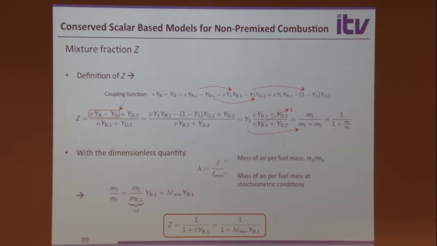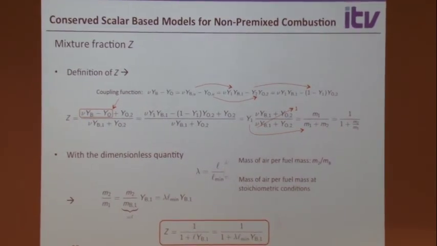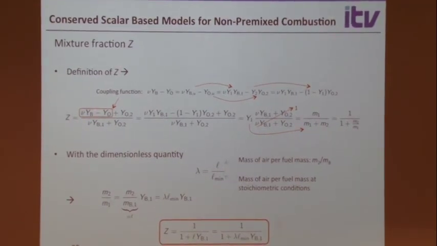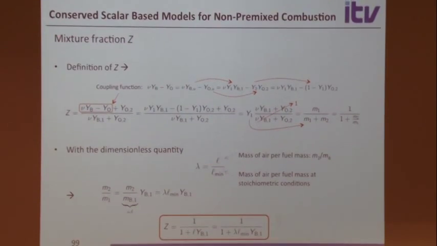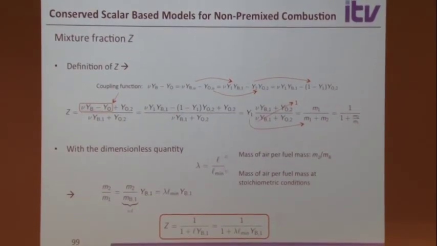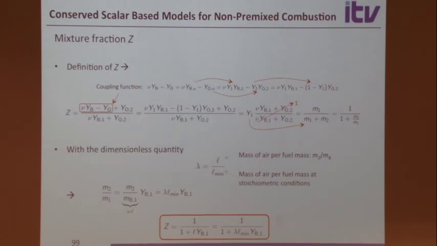The mixture fraction tells us locally if the composition is lean or rich, or stoichiometric or whatever. And it turns out that's a very important parameter already to describe the non-premixed combustion process.